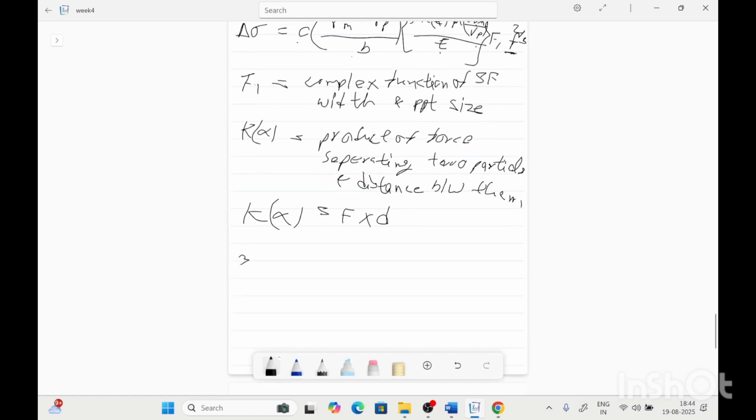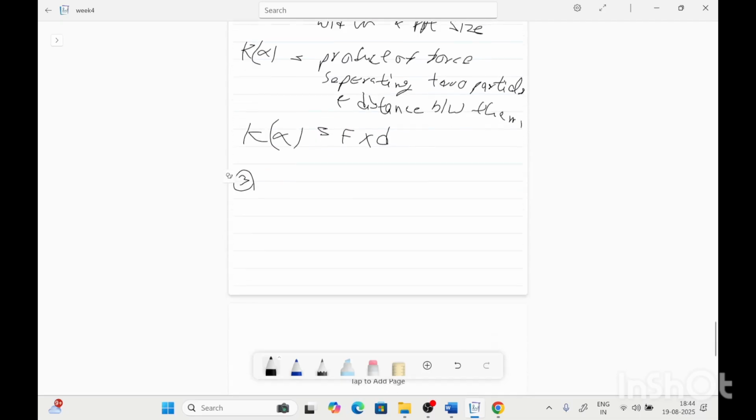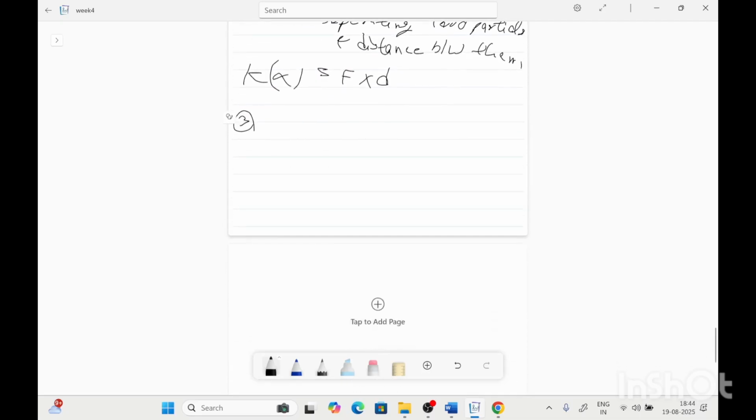Then the next type of strengthening determining the precipitation hardening is the order structure hardening. What is order structure hardening? There is some ordering in the aluminum in the GP zones.